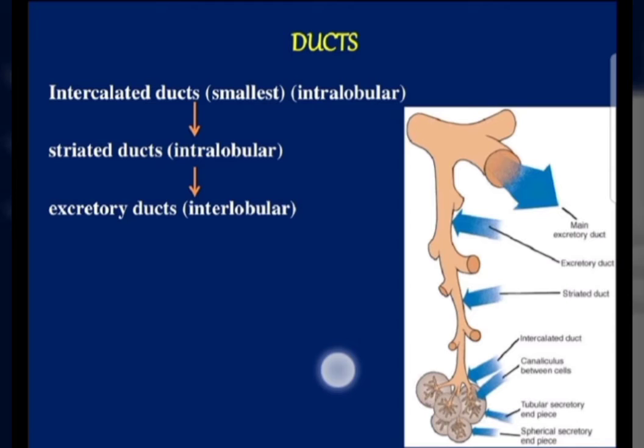There are septa and septula, which give rise to the lobes and lobules, and the smallest portion, the lobule, contains the acini and intralobular ducts, and then we have got the striated ducts and then interlobular ducts, which are excretory ducts.